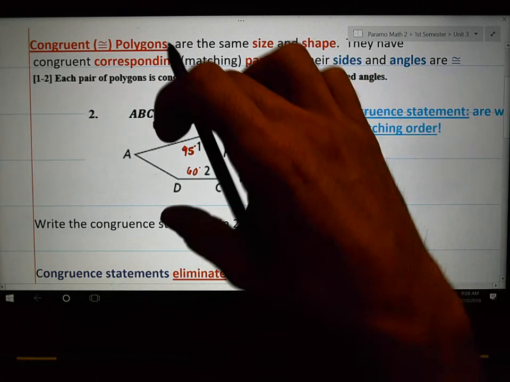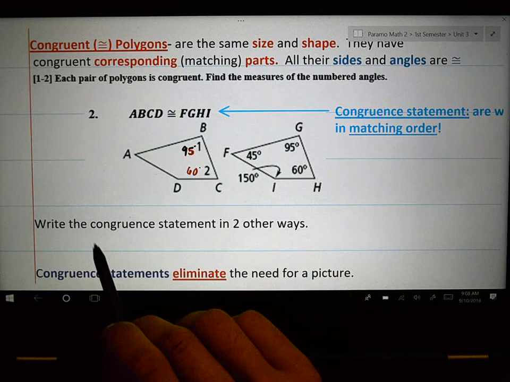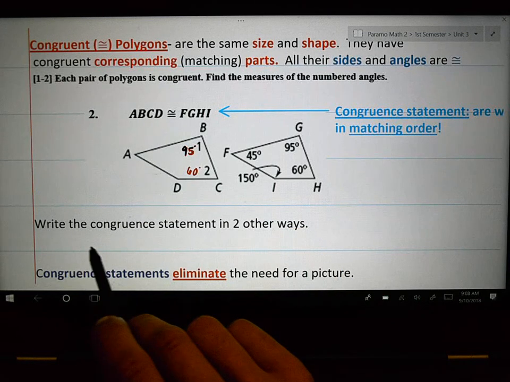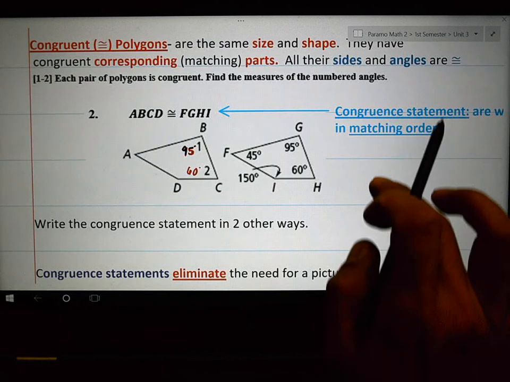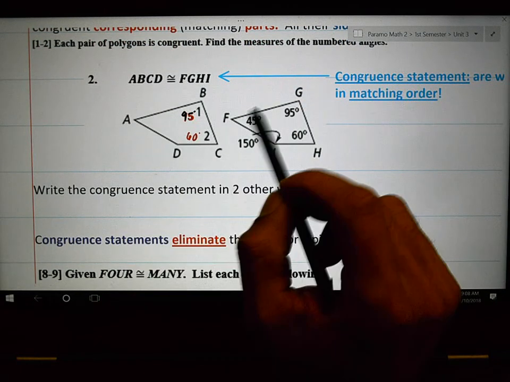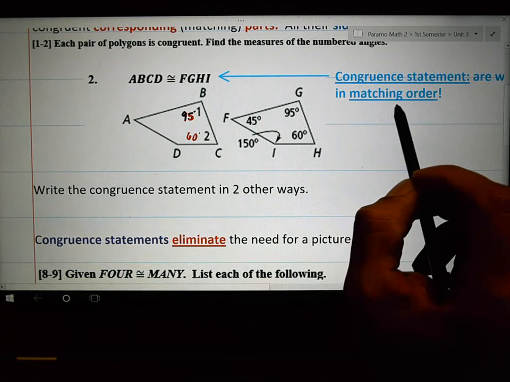So that is the start of your questions. Fairly simple. A lot of you will like this kind of math because it's easy. It's a lot of common sense. But you may get confused when it says write the congruent statement in two other ways. What that means is these two are congruent to each other, but I have to write it in matching order.